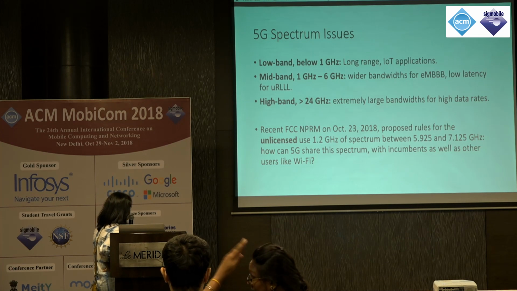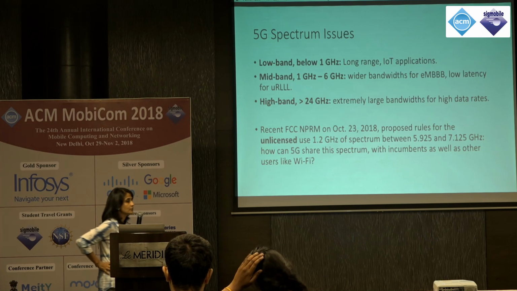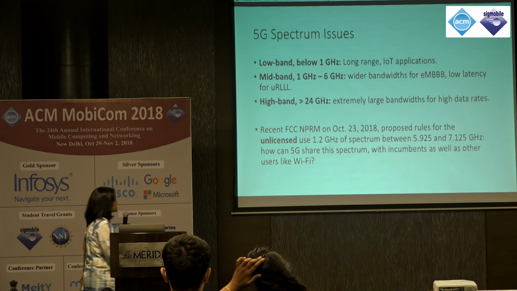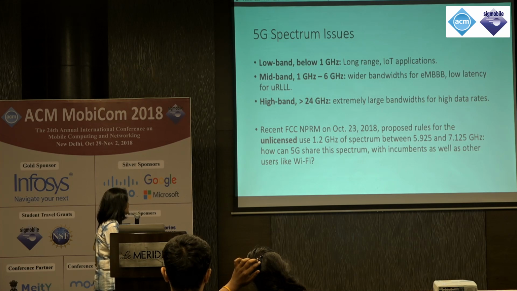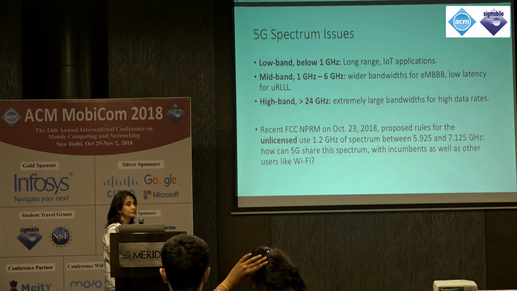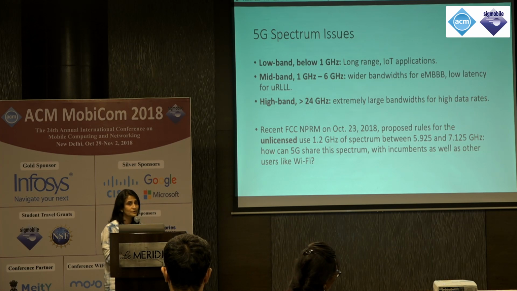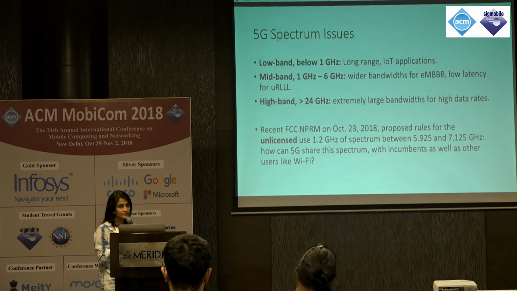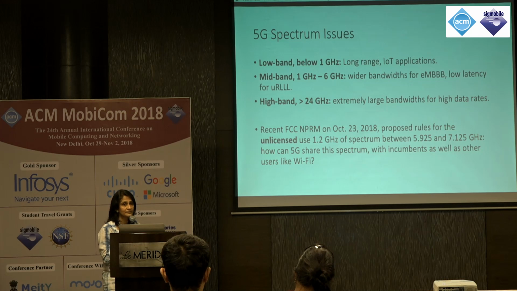Now, very recently, like less than a week ago in the US, the Federal Communications Commission, the FCC, put out an NPRM, which is a notice of proposed rulemaking for a new band, which is 5.925 to 7.125 gigahertz. So this is 1.2 gigahertz of spectrum, which is going to become available, but on an unlicensed basis.